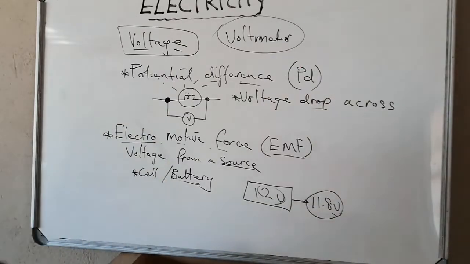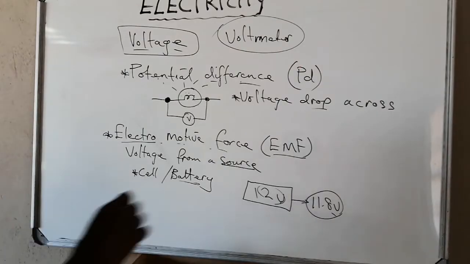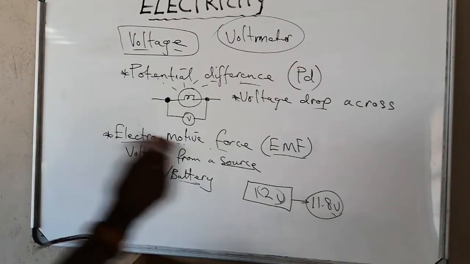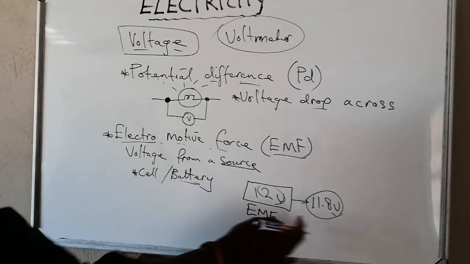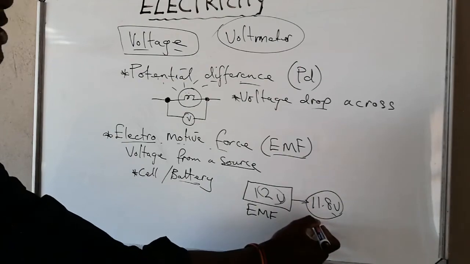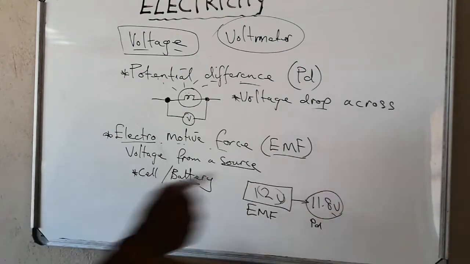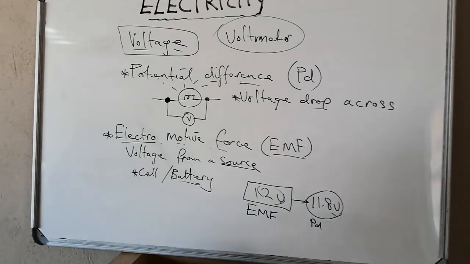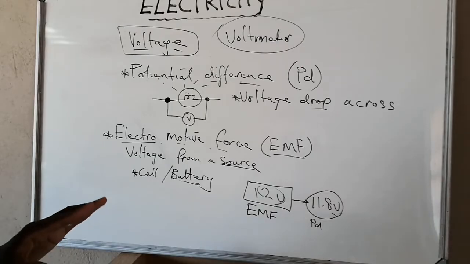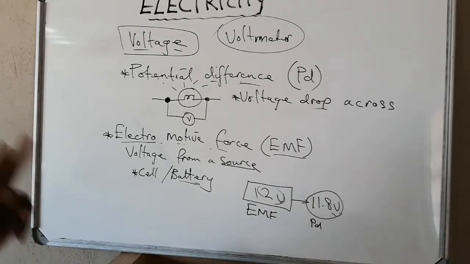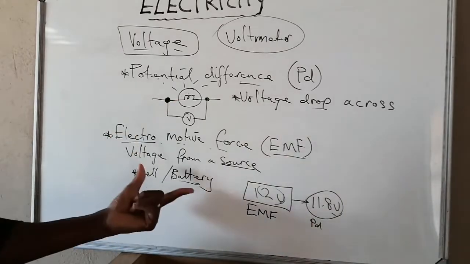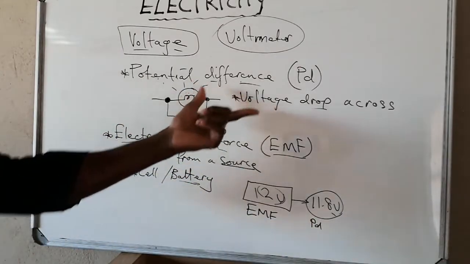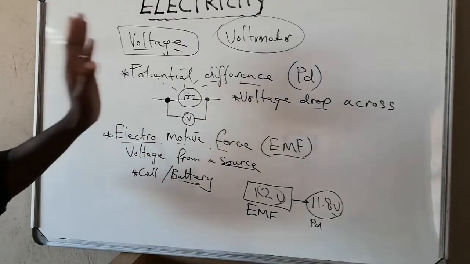So the resistance is taking up that 0.2 volts from our EMF. So this will be our EMF from the battery, then the potential difference will be 11.8. This is just an example for us to understand that EMF and PD can exist in a battery when there is internal resistance.